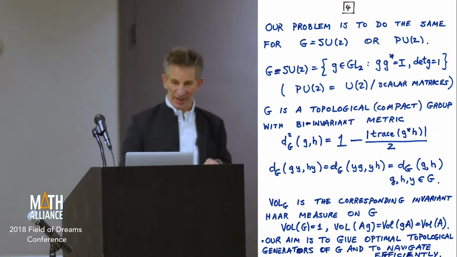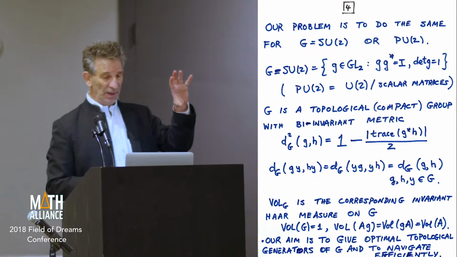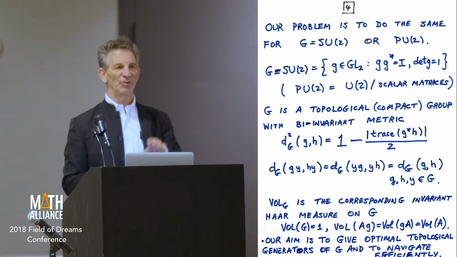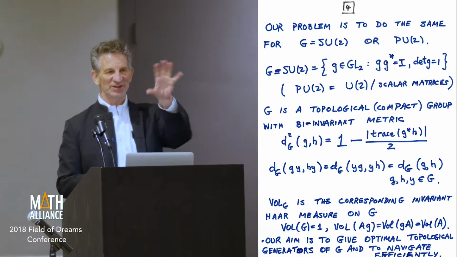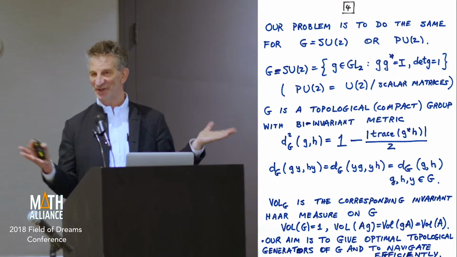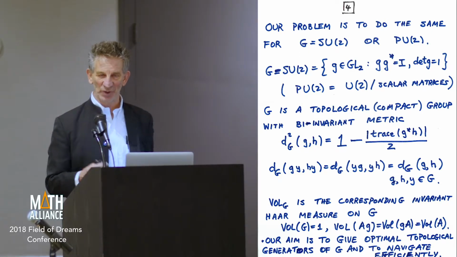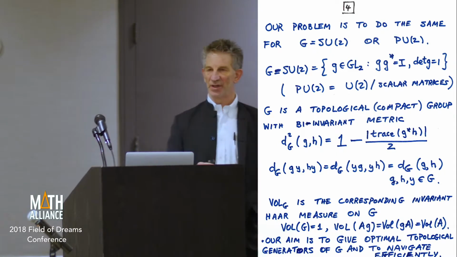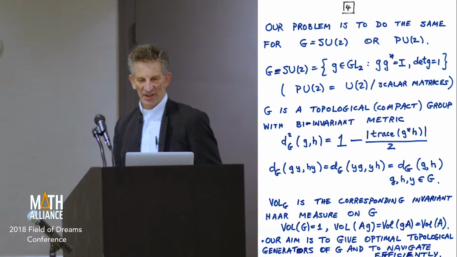So this is the unique, up to a scalar, bi-invariant metric. In the circle, we didn't say what topology we put there. We just have the circle, and I was talking about intervals. There was only one natural measure and one metric to use. This is the only natural metric to use on the group SU2.